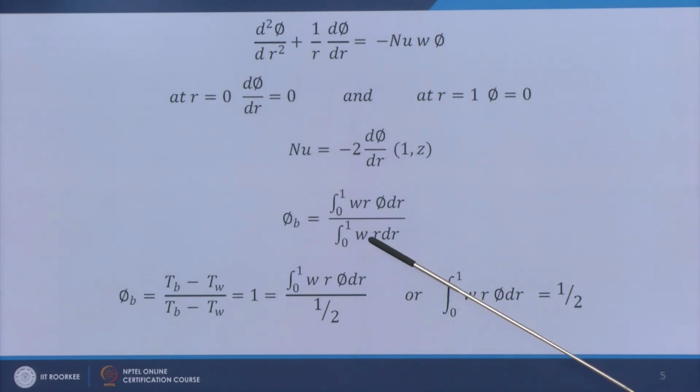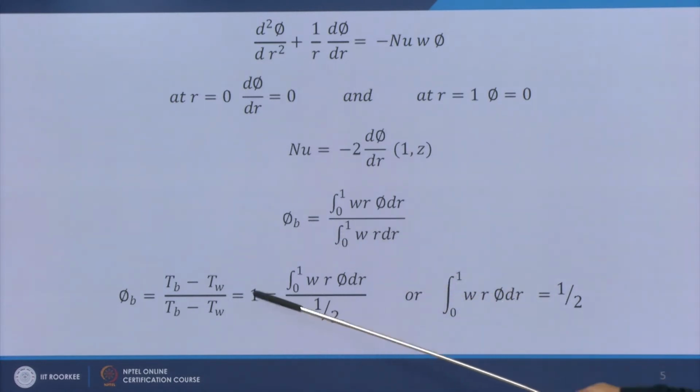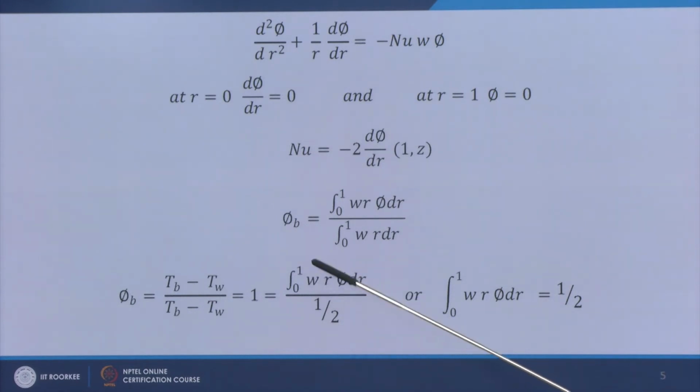So, if you put the value of W over here and integrate from 0 to 1, the value of this integration will be half. So, integral 0 to 1 Wr phi dr is equal to half. This will be required in the latter portion once we get the profile of phi.